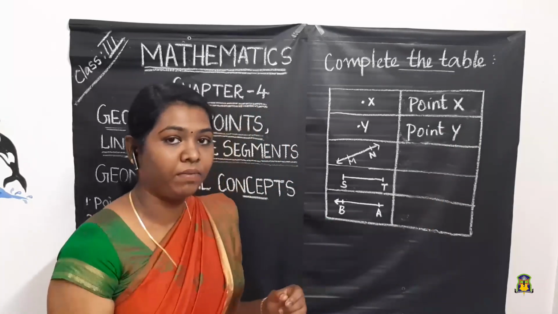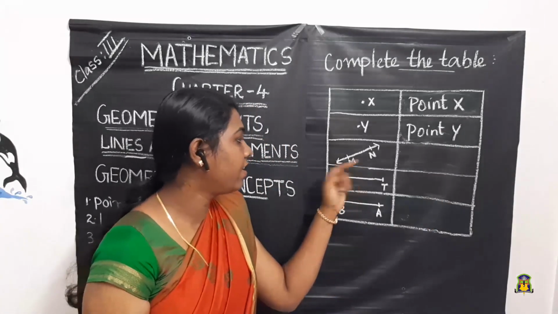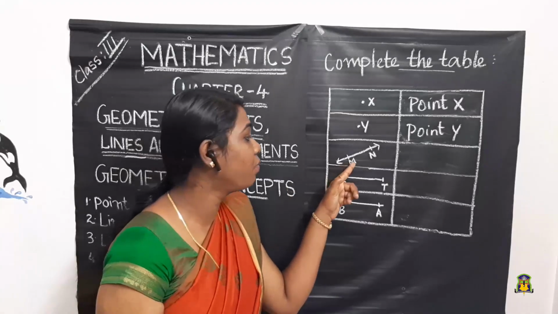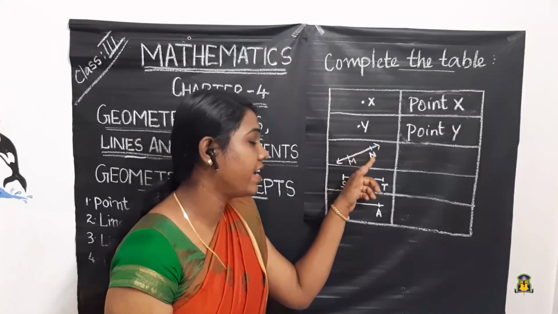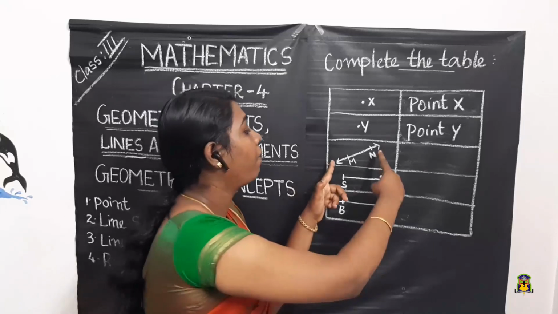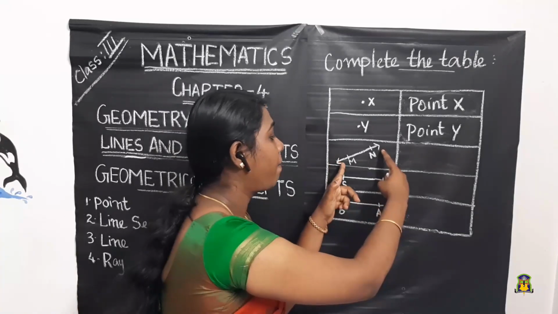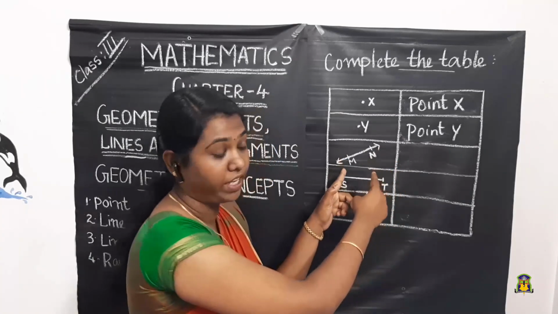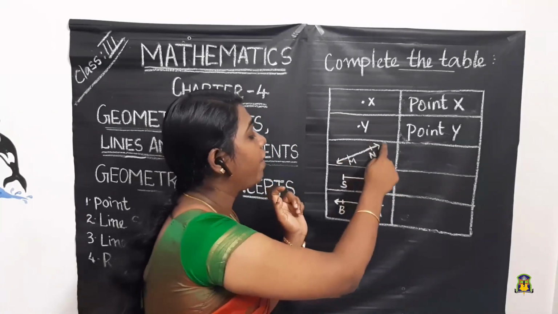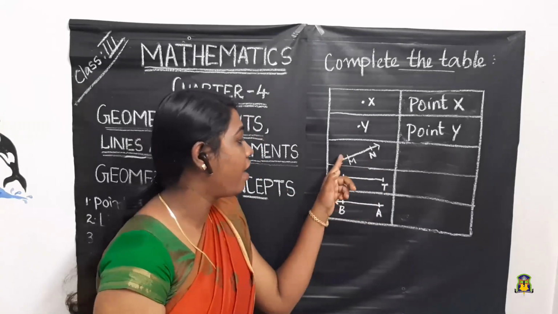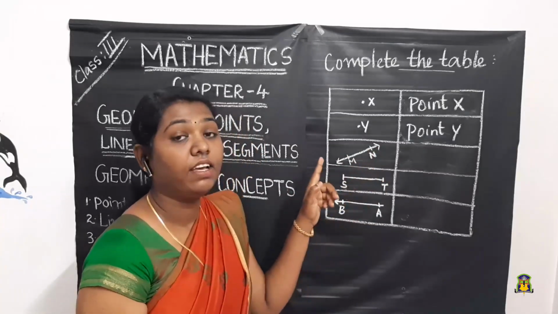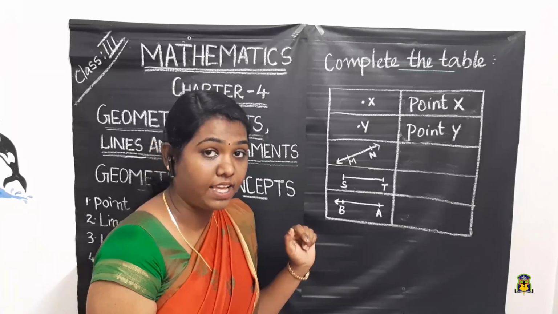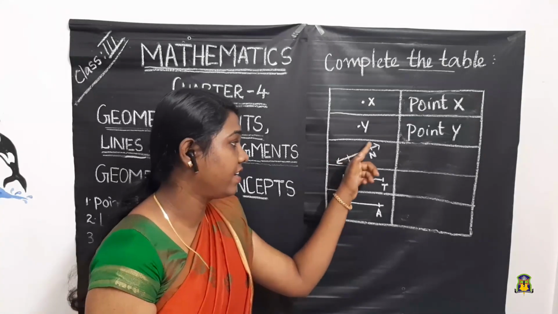Okay, then the next third question, here you can see 2 points M and N, and on both sides of these points, you can see 2 arrow marks. So the arrow mark is indicating that it goes endlessly, and it goes endlessly.